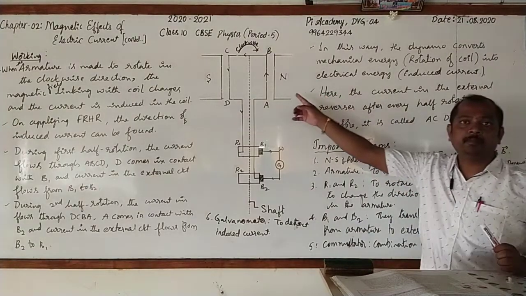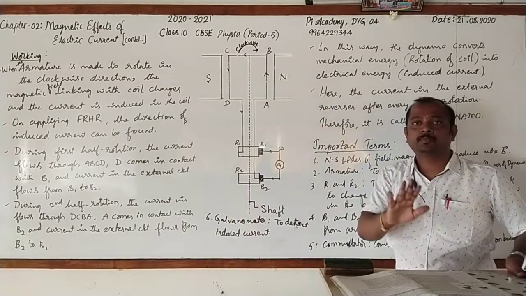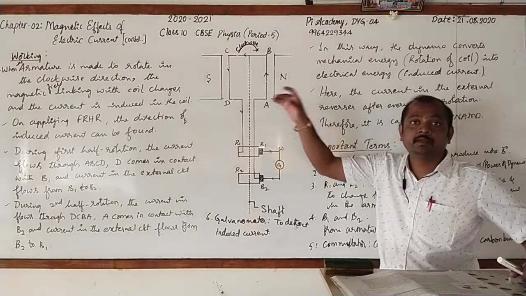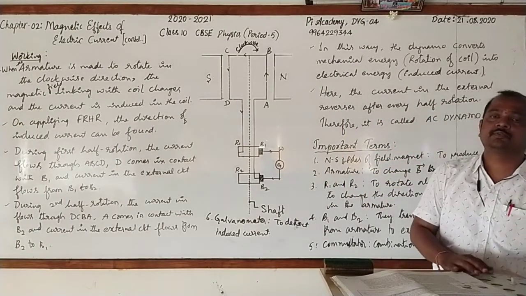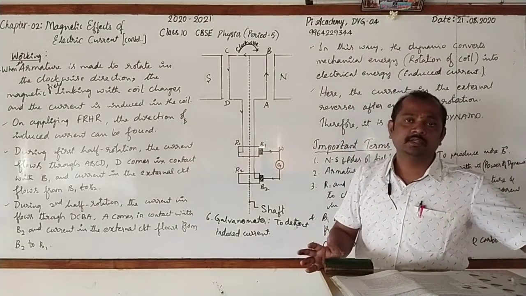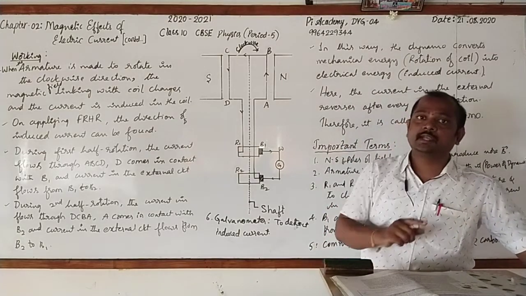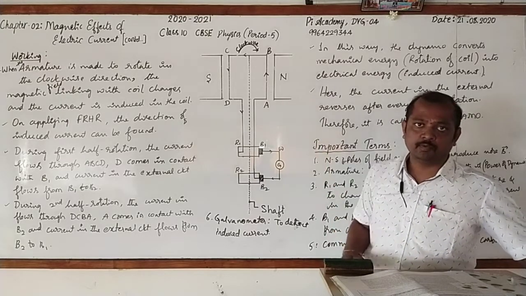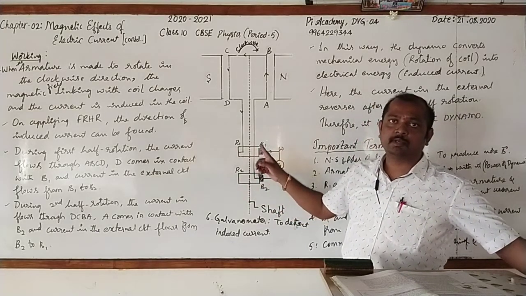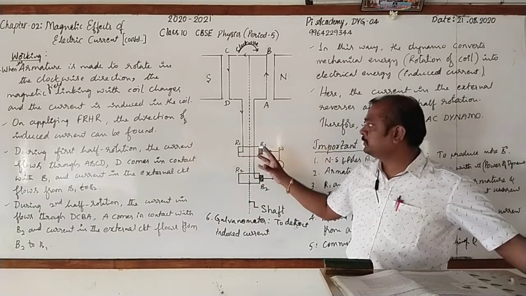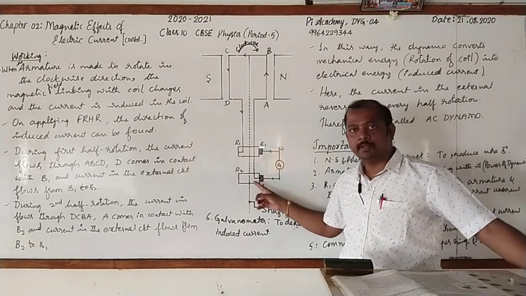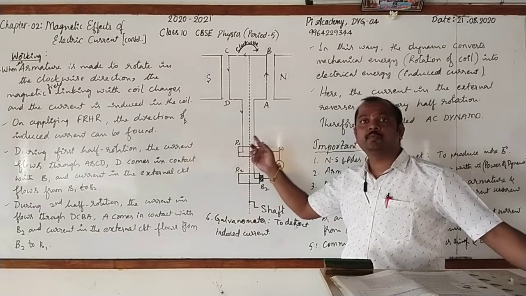First one is the field magnet. What is the field magnet? It is used to produce a powerful magnetic field. Then what is ABCD? It is the armature. What is the use of this armature? To change the magnetic field linking with the coil so that current is induced, and it also indicates the power of the dynamo. Next, R1 and R2. These are the full rings, nothing but copper rings, connected at the ends of the armature, and they rotate along with the armature.